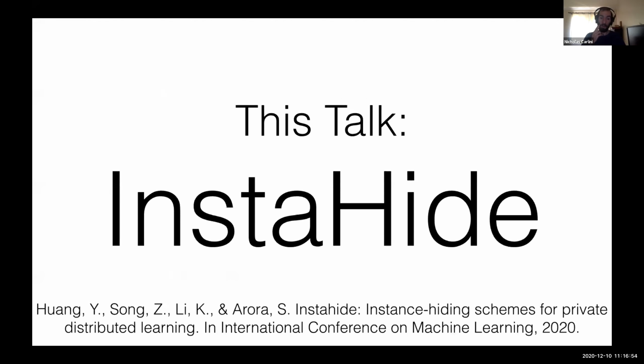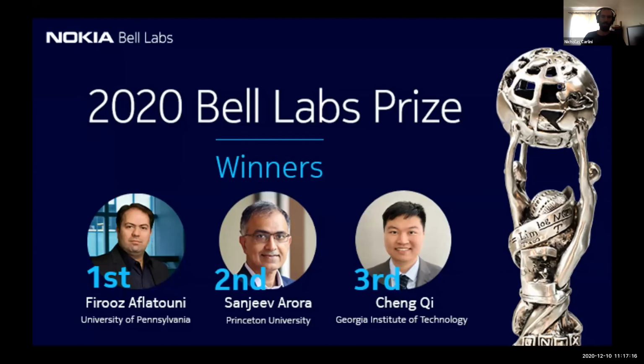So in this talk, I'm going to focus specifically on a proposal called Instahide. This is some work out of Sanjeev Arora's group, which was published at ICML, and is the leading approach for how you might do instance encoding to preserve privacy. You can tell it's the leading approach because it just won second place in the 2020 Bell Labs Prize. And so people really believe that this is a strong method that is going to offer privacy.